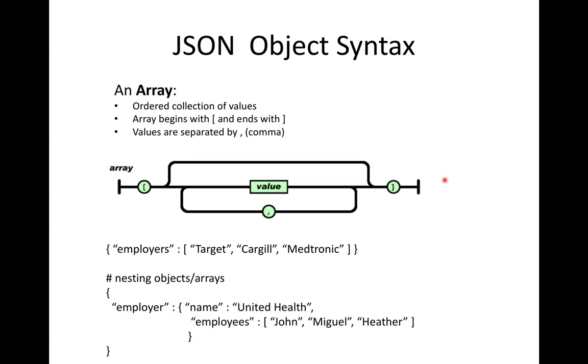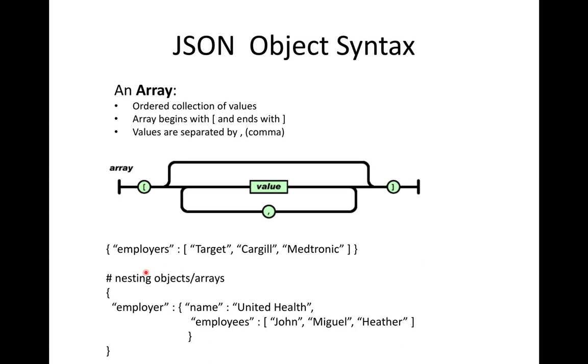A value could be another object. Let's look at a couple examples. Here we have an object. It has a key called employers, and it has a value which is an array. And that array is an array of string values, Target, Cargill, and Medtronic.